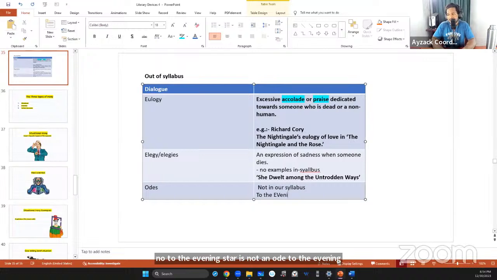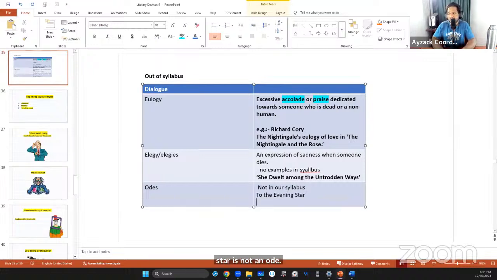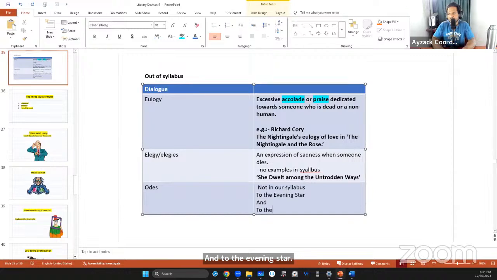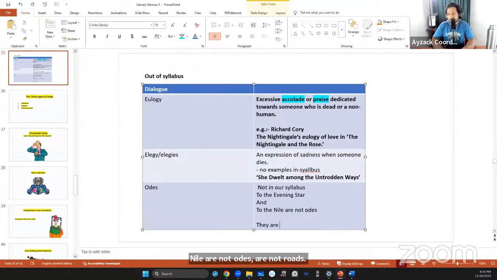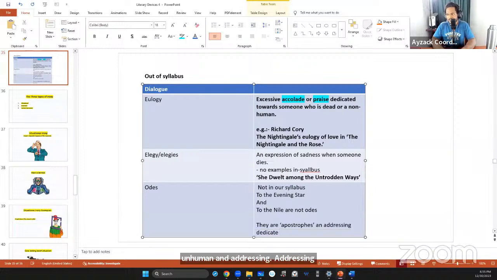To the Evening Star and To the Nile are not odes, they are apostrophes. An apostrophe is an addressing dedicated towards a non-human.